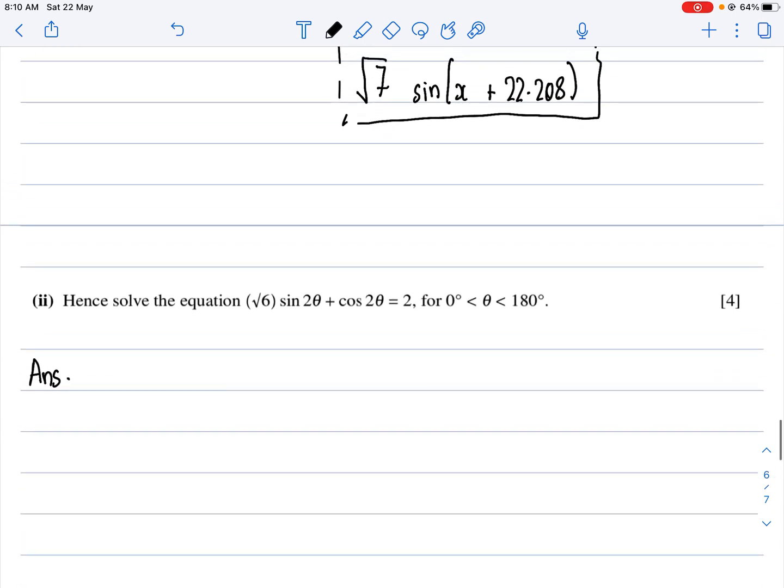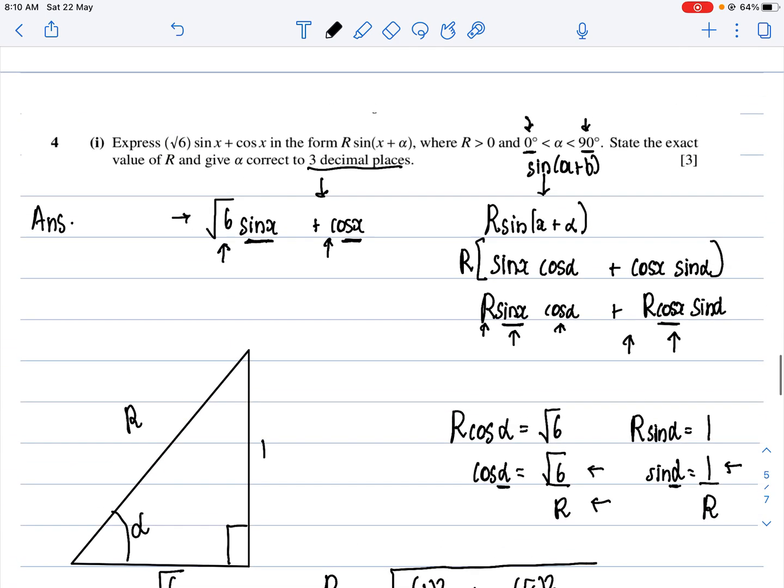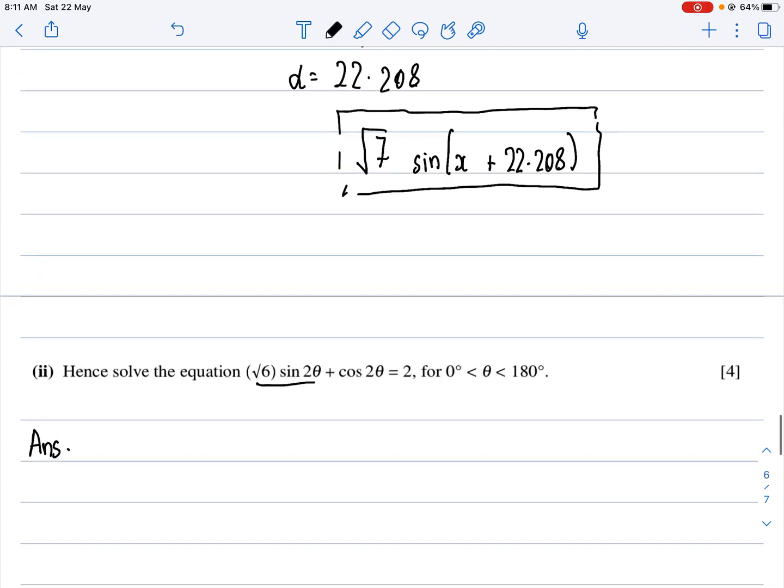Now, hence solve the equation root 6 sine 2 theta plus cos 2 theta equals 2. This is basically the same equation, but instead of x they have used 2 theta.